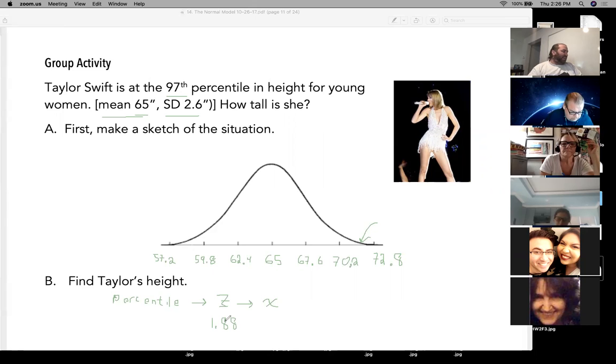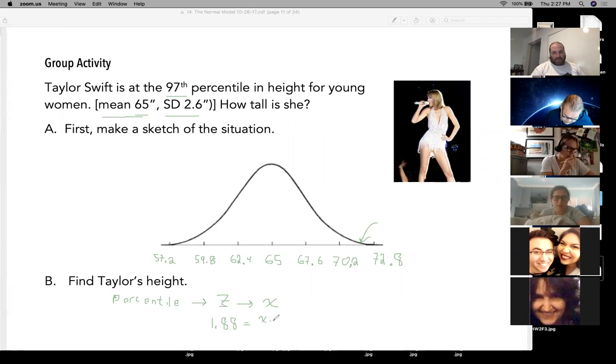How do I get the x value from the z-score? The formula? The z-score formula. Okay, so what do I write? 65 is the mean.